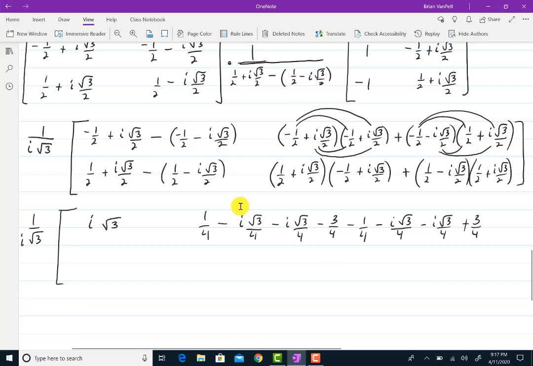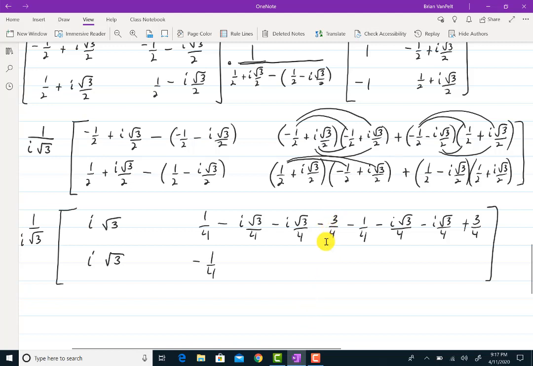Okay, now I'm working in this piece. Let me end it off. Hopefully that's enough. I'll erase that if it's not. This 1/2 and this negative 1/2 go away, and I end up with a similar situation as before. I radical 3 over 2 plus I radical 3 over 2 is I radical 3. And then down here, FOILing again, 1/2 times negative 1/2 is negative 1/4.